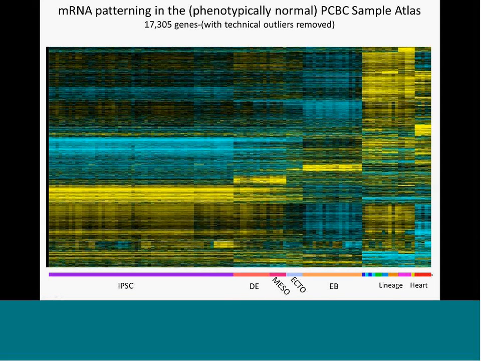That was not done. So what you're seeing here is the top 17,000 measured genes of the data, just using a blue-yellow, blue being low and yellow being high scale, going with the patterns of variance in the overall data set. So you can see really solid signatures in the iPSC, ESC. The iPSC actually includes ESC. I'm sorry I didn't label that.